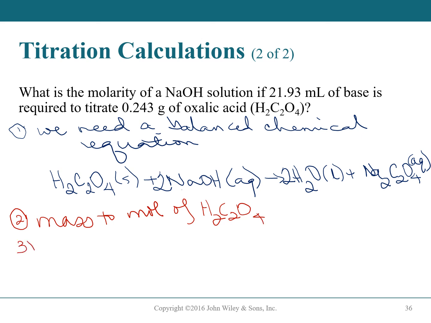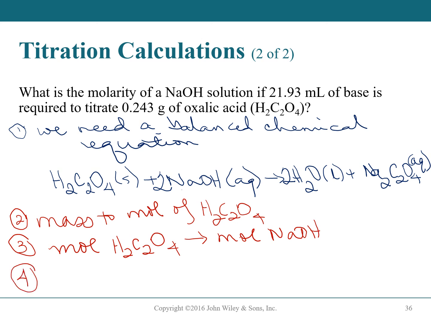And then I need to go from moles of oxalic acid to moles of sodium hydroxide, and with the volume now, use the formula to get the concentration. So the concentration is going to be equal to moles of sodium hydroxide divided by the volume in liters.